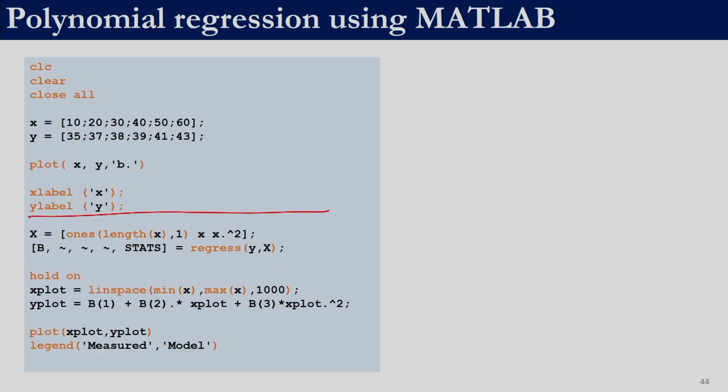This is what we have discussed so far. Our model is y is equal to a0 plus a1x plus a2x square. We know how to do multi regression, so we will convert this into multi regression: y is equal to a0 plus a1 x1 plus a2 x2.